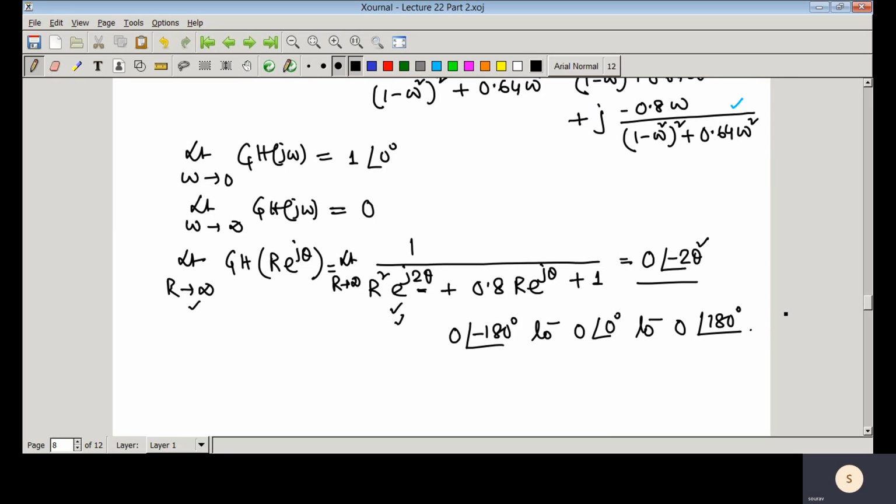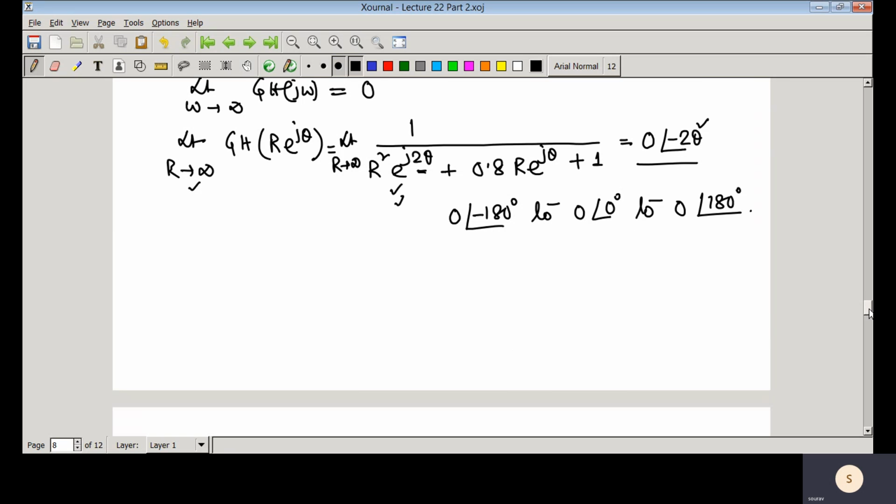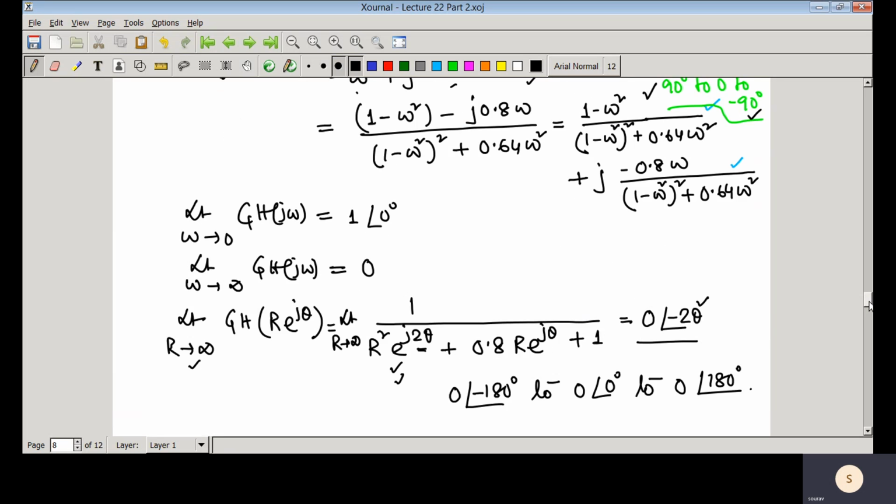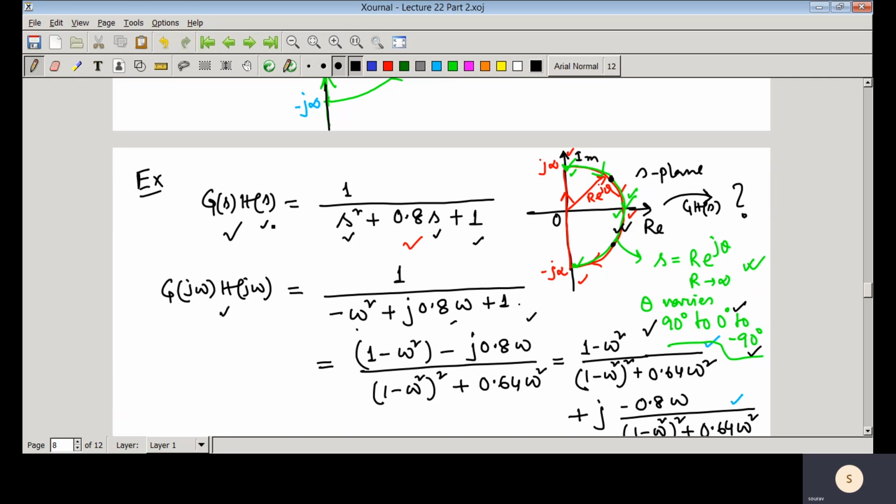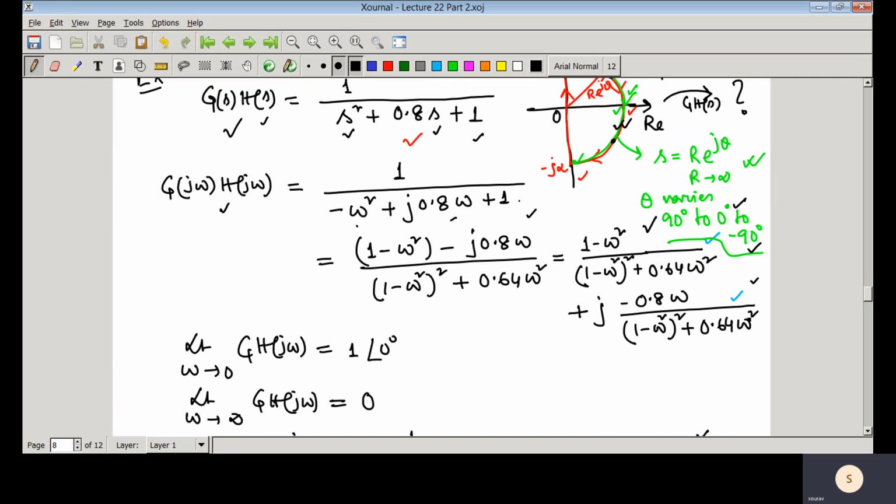So in this particular case, we have taken 3 points, and let us see what would be the Nyquist plot. Whenever G(s)H(s) is given, the first step is to replace s equal to j omega and rationalize it to get the real part and imaginary part.